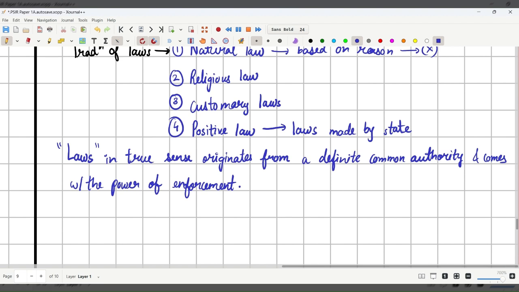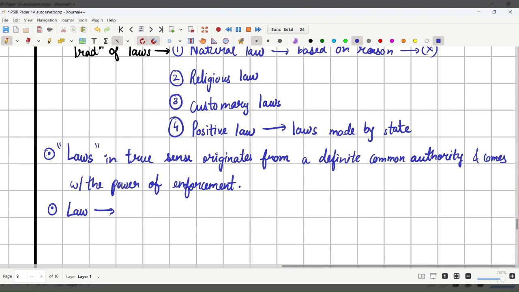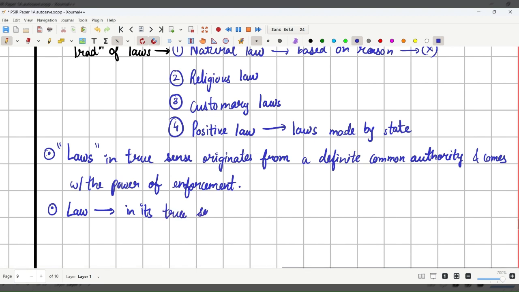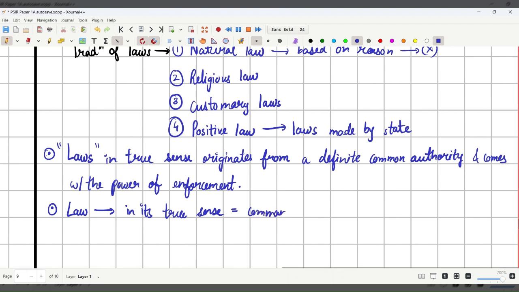Also according to Hobbes, law in its true sense is the command of the sovereign authority.